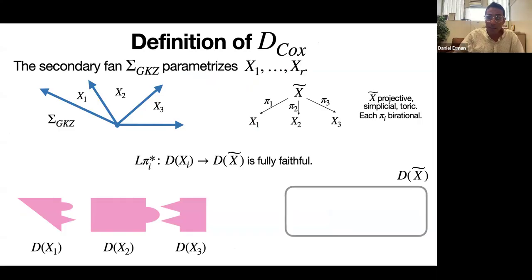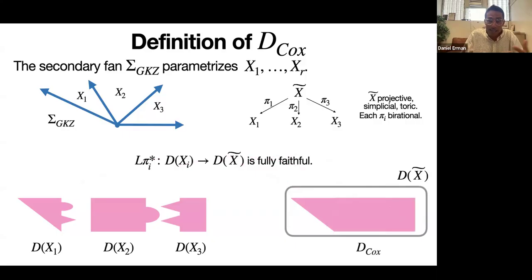And then there's a standard theorem that the pullback from the derived category of the pieces to that of X tilde is fully faithful. In other words, we're immersing, in some sense, each of the individual pieces, the D of Xi's, into a single common ambient category. And that was the animation that was intended to suggest this as we came in.